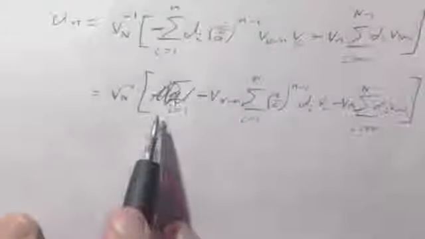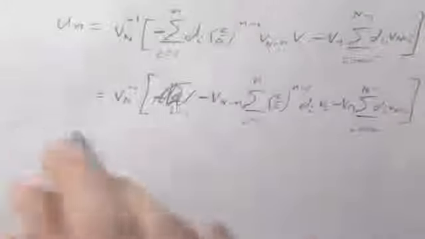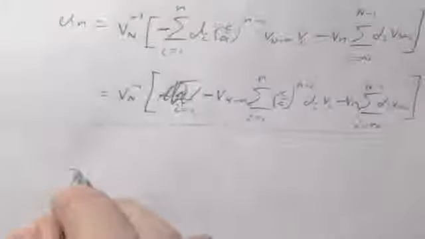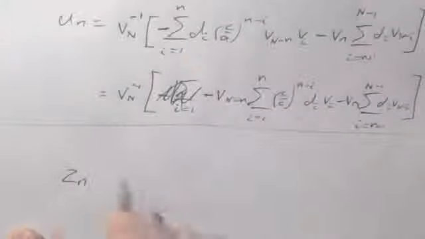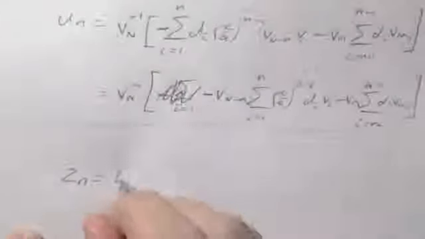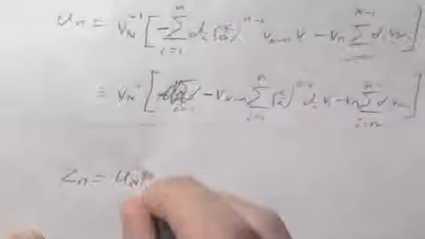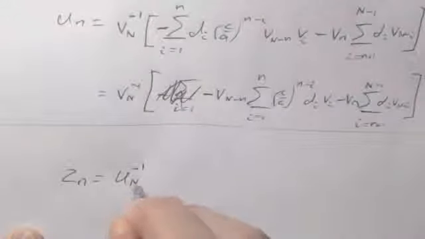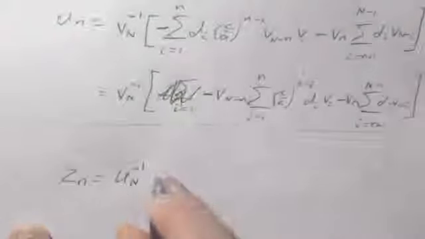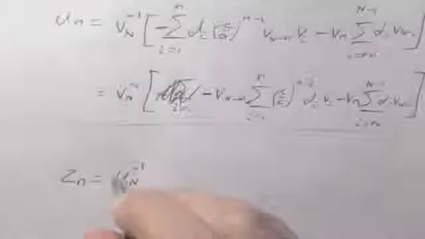We know that C and A are going to be 1, so let's write it out in this form. In the old notation it's going to be Zn equals, and I was using U's instead of V's, so I'll go back to the U's. U n minus 1, n to the minus 1. Oh, and also big N was little n, wasn't it? But I'm just going to keep big N and little n, to avoid too much confusion.